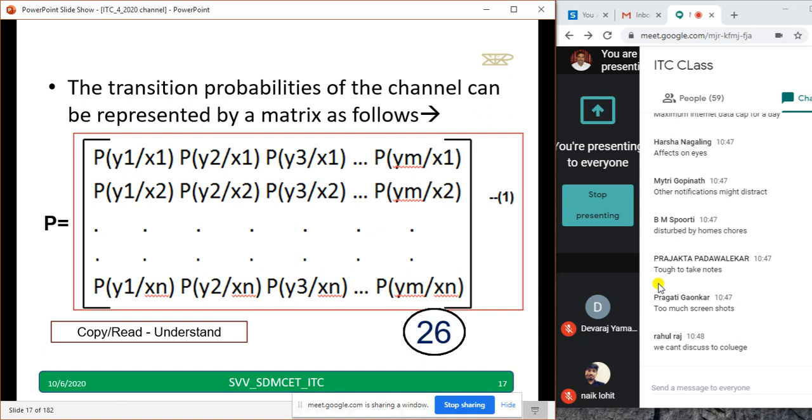P is nothing but the channel probabilities, the transition probabilities of a channel. In some books they may take n and n, or m and m. In some books they take m and n, no problem. The concept you have to understand. Let us go to the next slide.